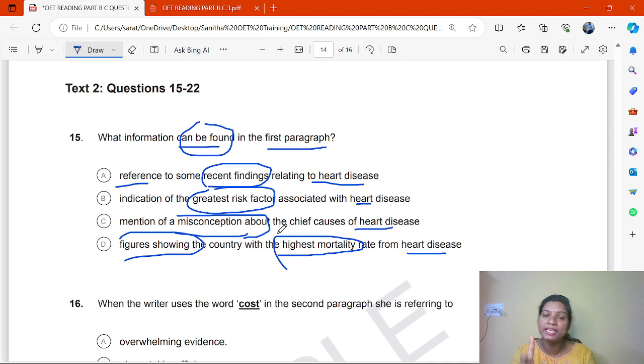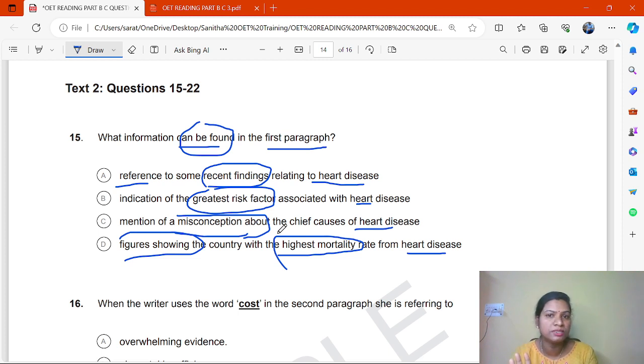If you have eliminated three options, but you don't know the meaning of the last option, maybe because it is given in a different way, you didn't understand what it is saying, but you are very sure the three eliminated options were not in the passage. You eliminated three options, and one option you have not understood. Then don't waste your time, choose that option.